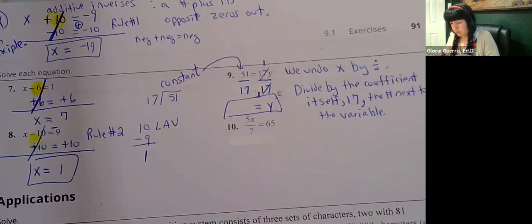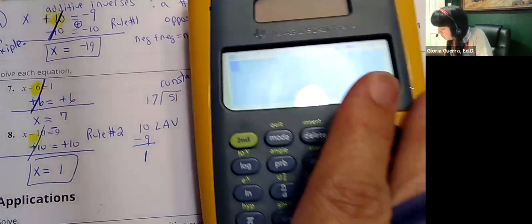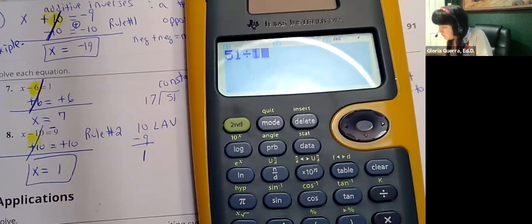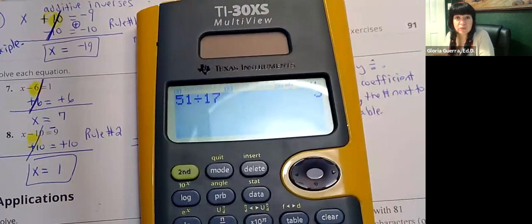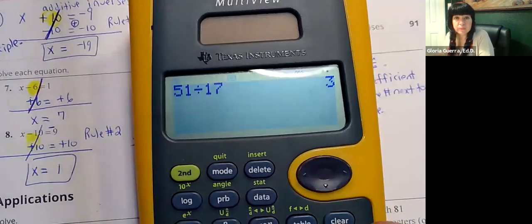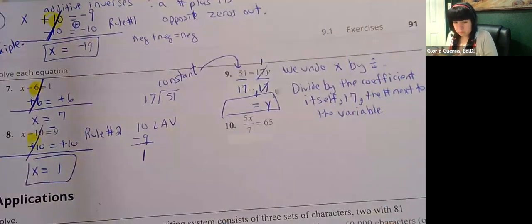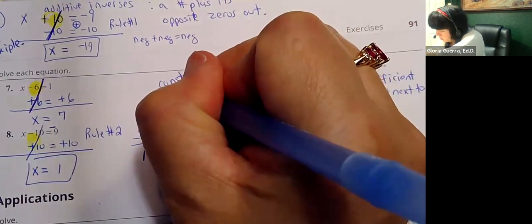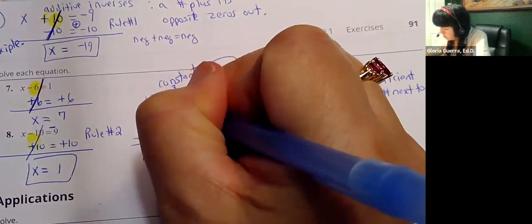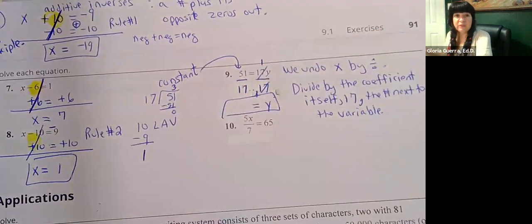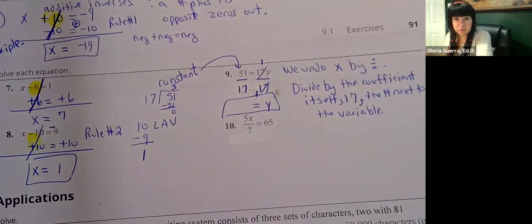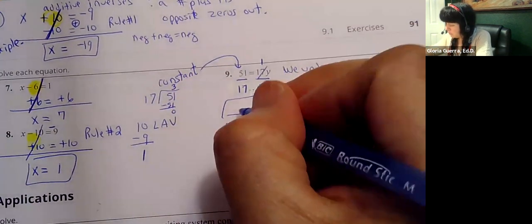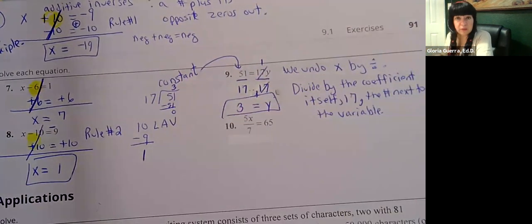I could definitely use my calculator to double check that. 51 divided by 17 is 3. Because 17 times 3 is 51. So 51 minus 51 is 0. So that means that y is equal to 3, or you can say 3 is equal to y. Okay.